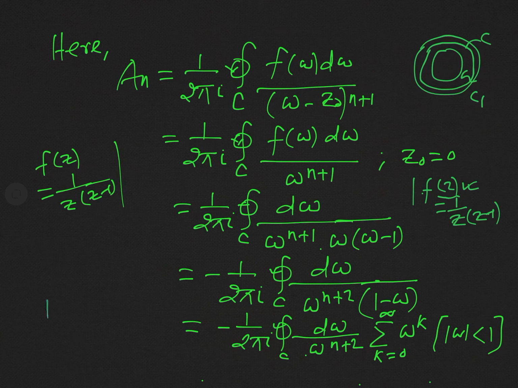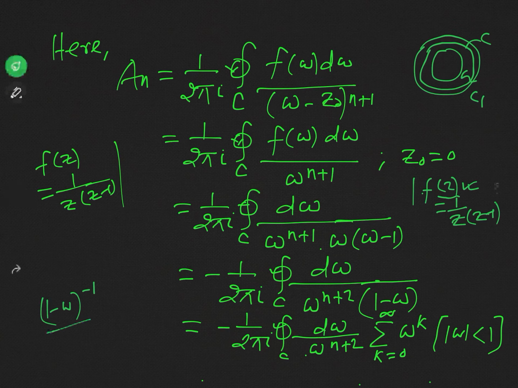Now you can see this 1 minus w, when taken into the numerator, we can write this series as the summation k from 0 to infinity of w to the power k, because in fact the modulus of w is less than 1.